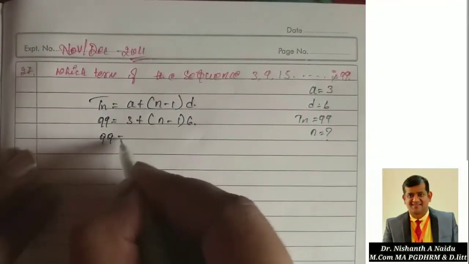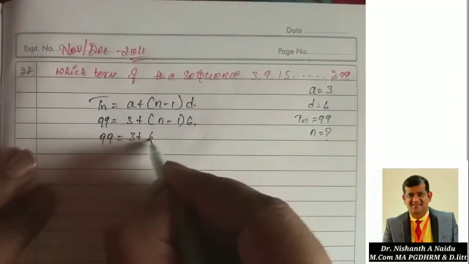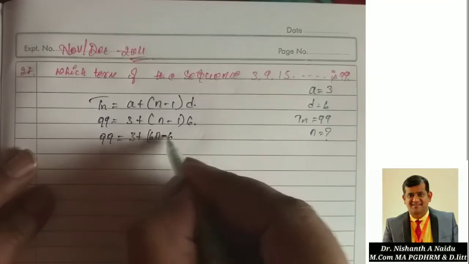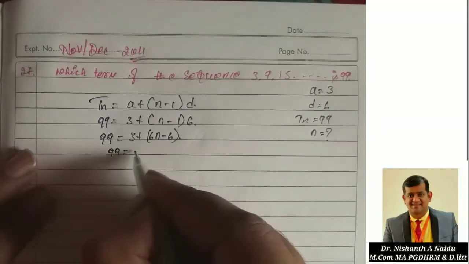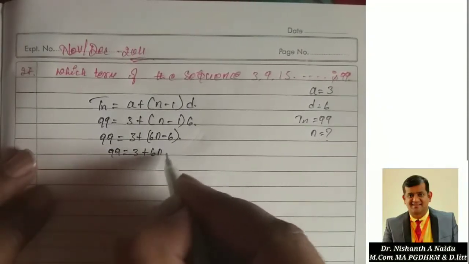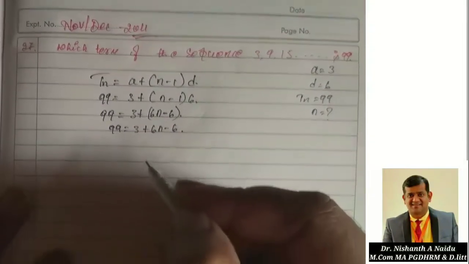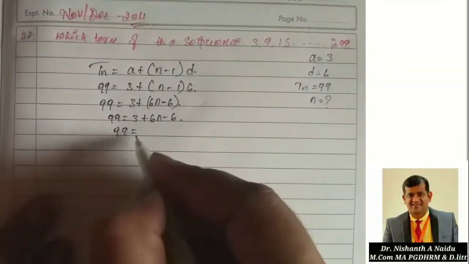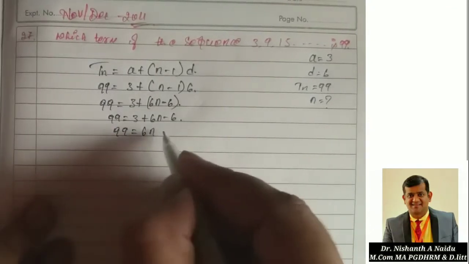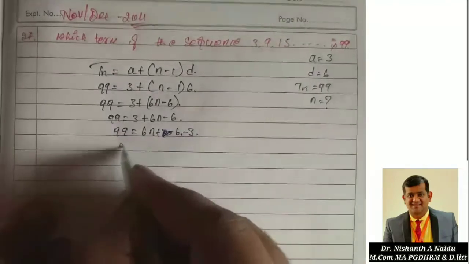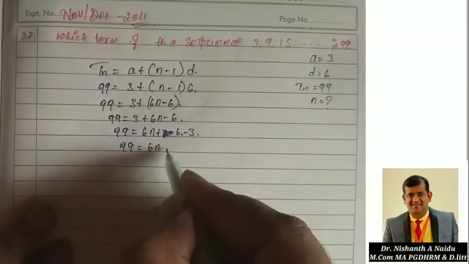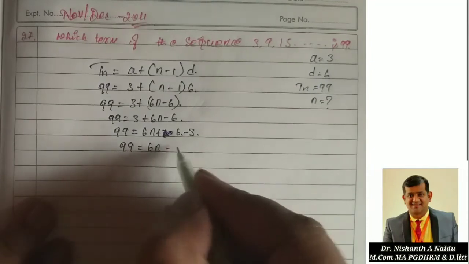So 99 equals 3 plus 6n minus 6, since 6 ones are 6. If I shift the 3 and bring 6n this side, 99 equals 6n minus 3.